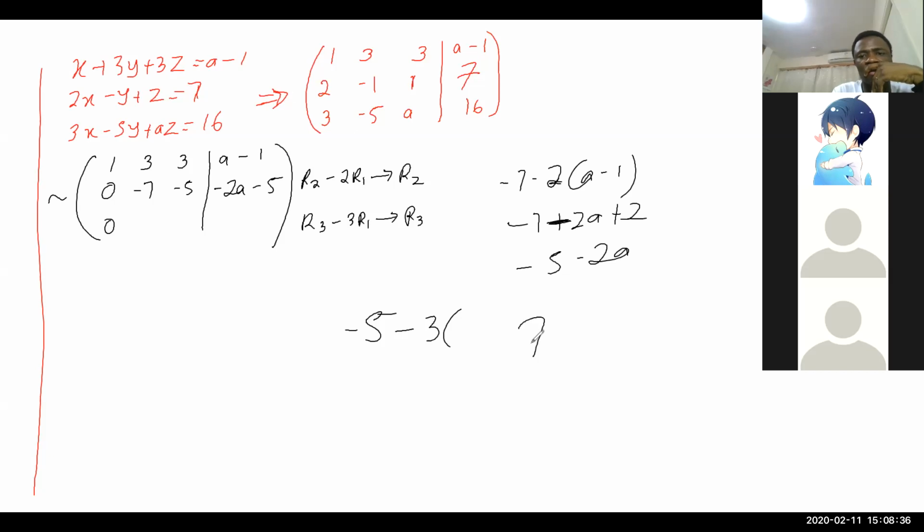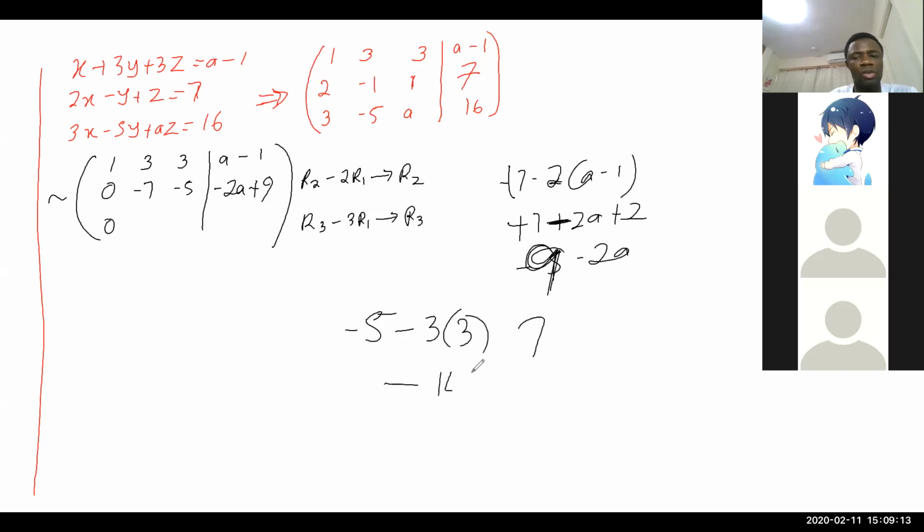So that would be 7. So this will be 7, 7, 9. Am I right? Would it be 9? Yes. Okay, so 9 minus 2a or negative 2a plus 9. So I'm just going to leave it at negative 2a plus 9. Okay now? Okay, so the middle one, minus 5 minus 3 times 3.